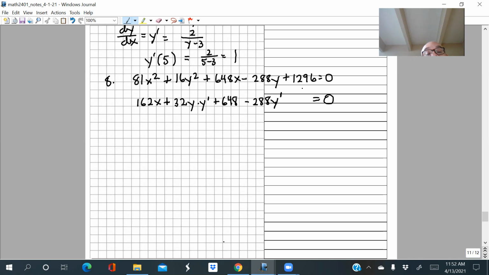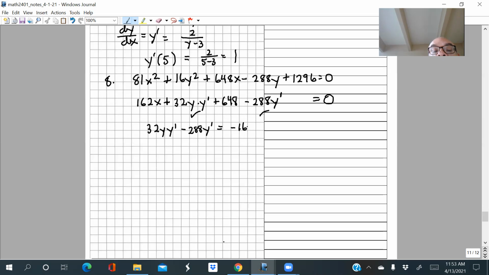Oh, nice. So it's not looking too bad. Now you're going to rearrange terms. You're going to keep the y prime terms on one side, and move the other terms to the other side. So on the left-hand side, I'll keep 32 times y prime minus 288 times y prime equals, and then move this term and this term to the right-hand side.